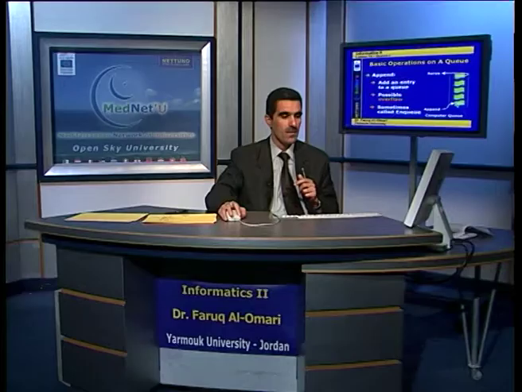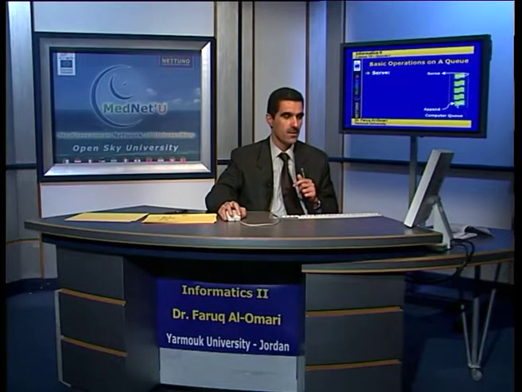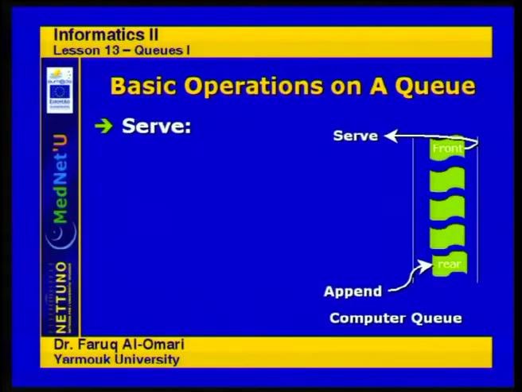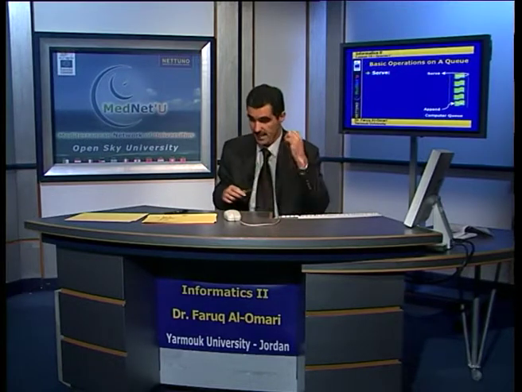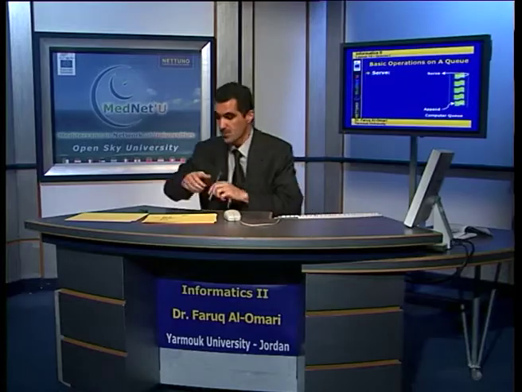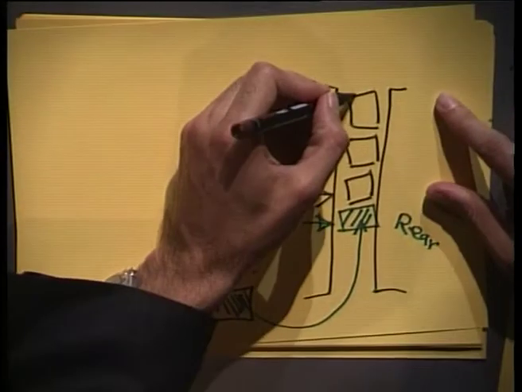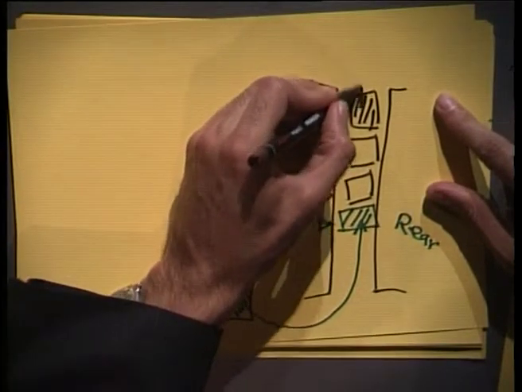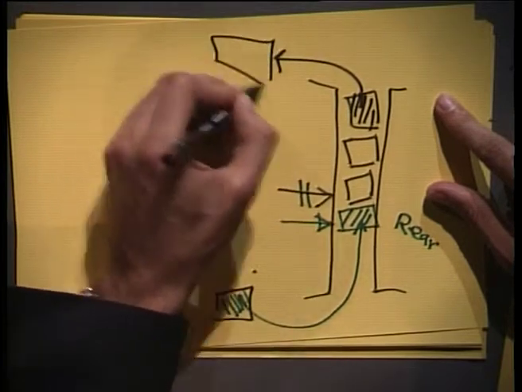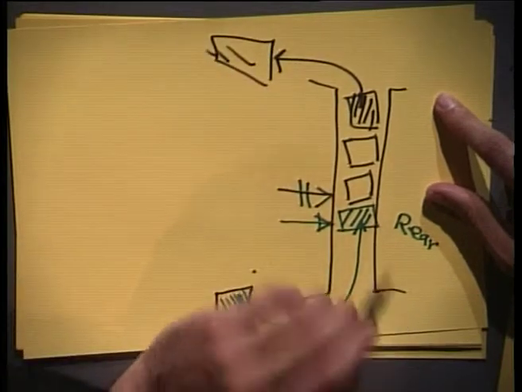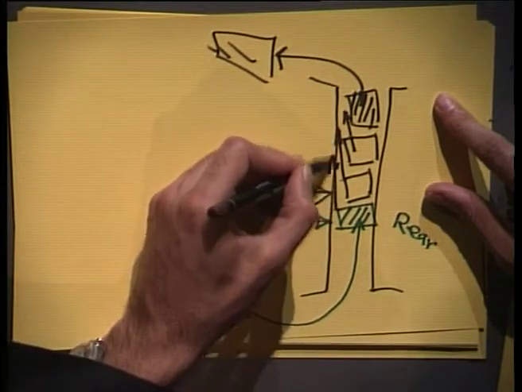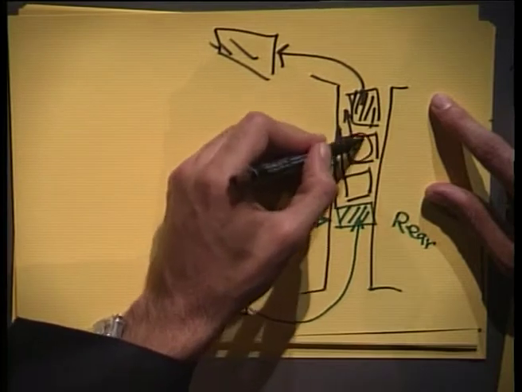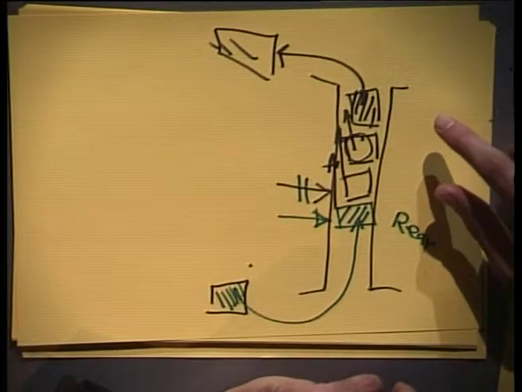Serve. Serve is the opposite operation, when you take an entry from the queue. That's like the pop from the stack when we were talking about stacks. So serving goes from the top of the queue, and I take it and serve it. Now I need to push everybody one position forward so that the next entry is now on top of my queue.